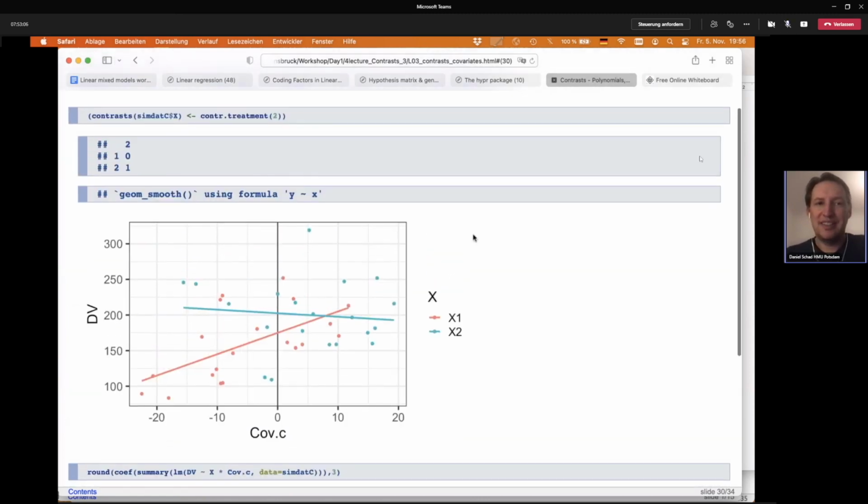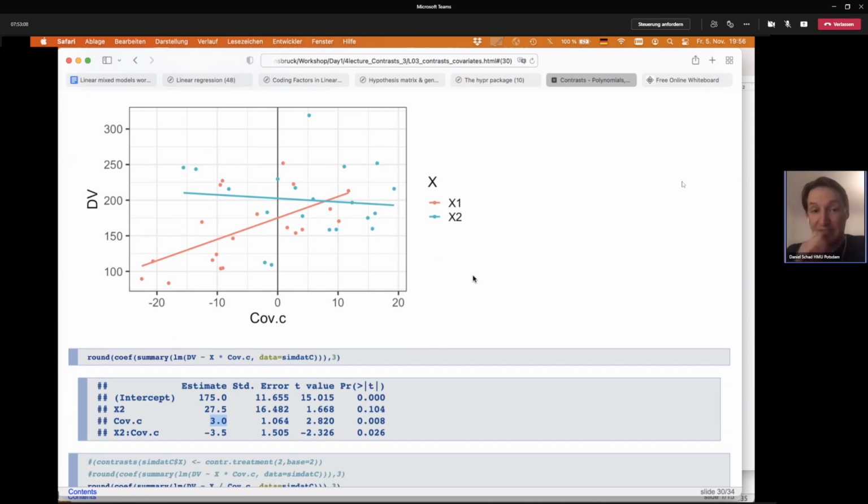I have another question. If we really have a control group, is it then a little bit better to take the default contrasts of R? If you have a control group, then there can be some situations where this makes sense, if you have a clear control group. But even so, it depends on your hypotheses in the end.